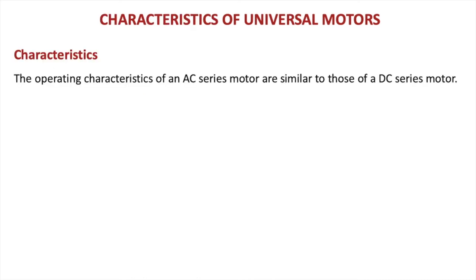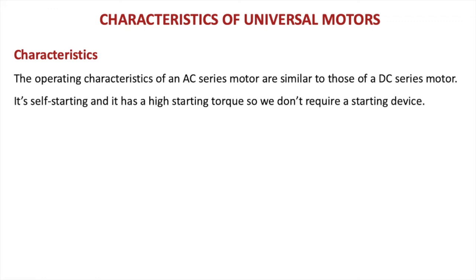So the operating characteristics of an AC series motor are similar to those of the DC motor. We can see the current variation, the power variation and the speed variation with respect to torque. It's self-starting and it has a high starting torque, so we don't require a starting mechanism to start the AC series motor.